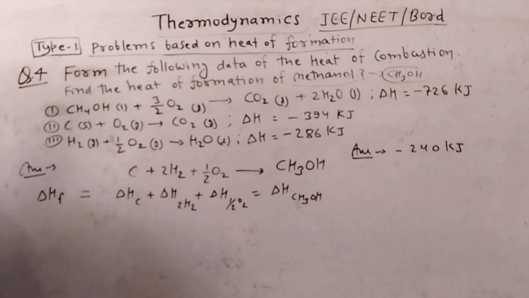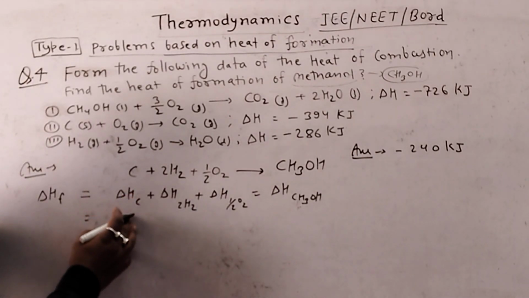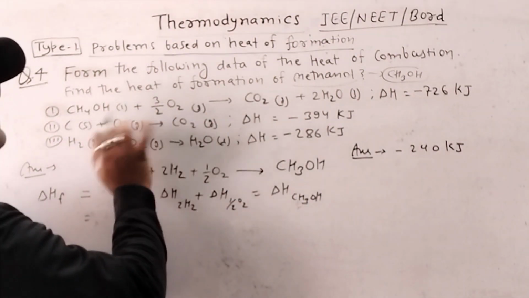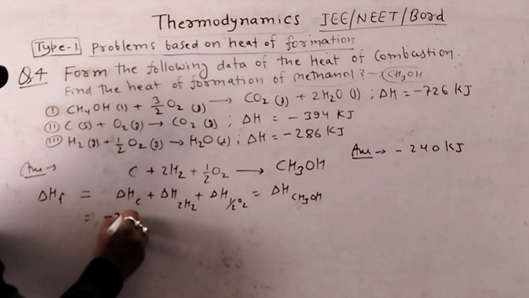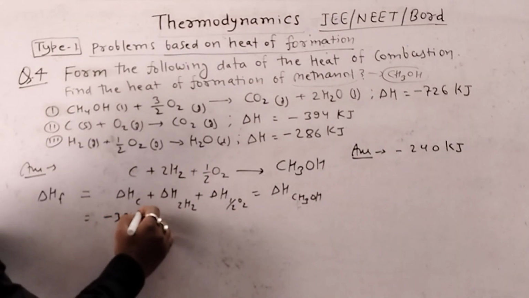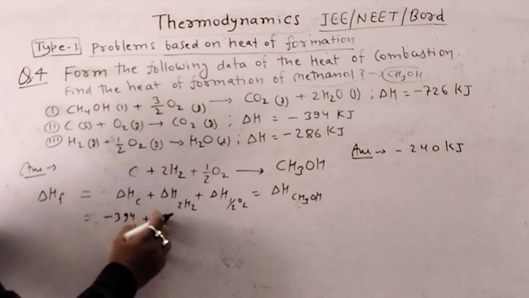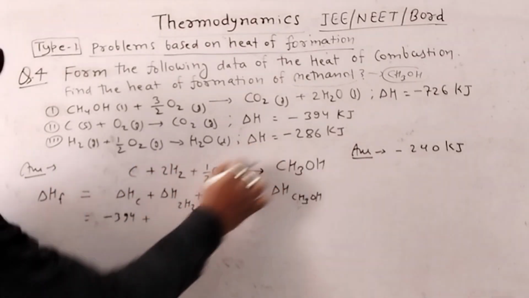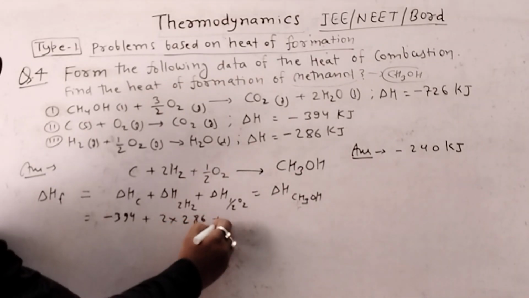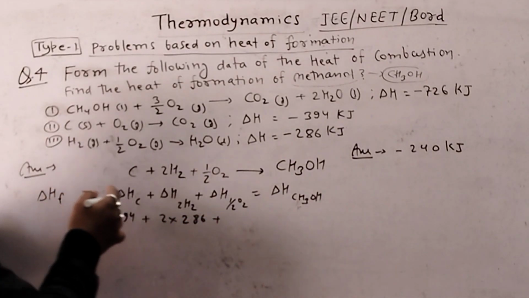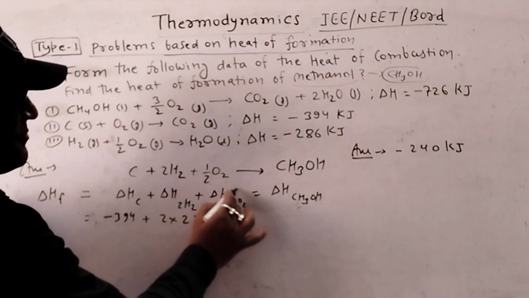One by one we put the value of delta H for the carbon atom, minus 394 kilojoule, plus for 2H2, 2 into 286 kilojoule, plus no data is given for half O2.